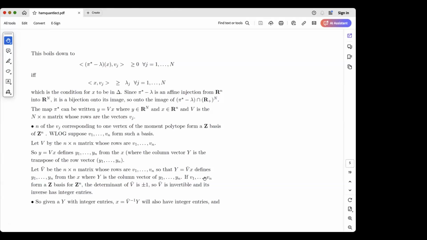If v1 up to vn forms a Z basis for Z to the n, then the determinant of bar v has to be plus or minus 1. So bar v is invertible, and its inverse has integer entries.